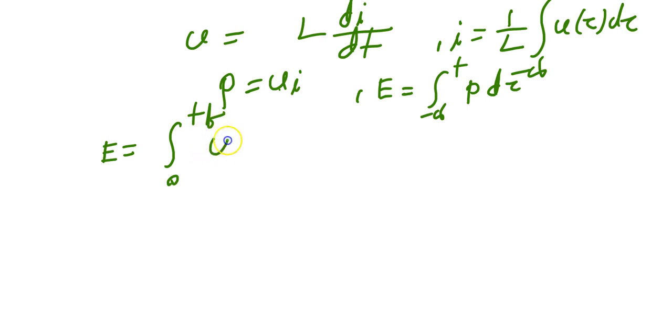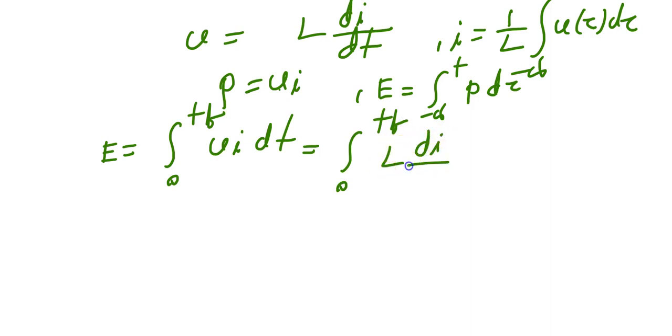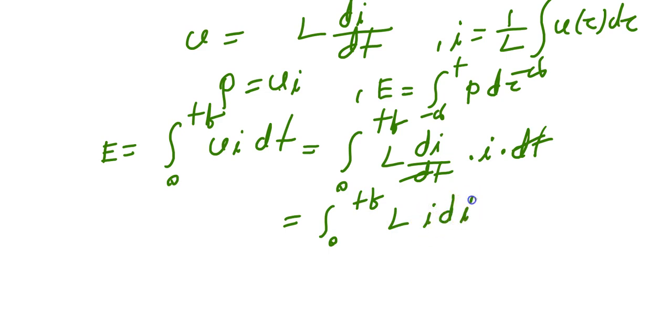So P, that is VI dt, from 0 to TF. V is your L di/dt, and dt cancels. So you have the integral from 0 to final time of L I di.